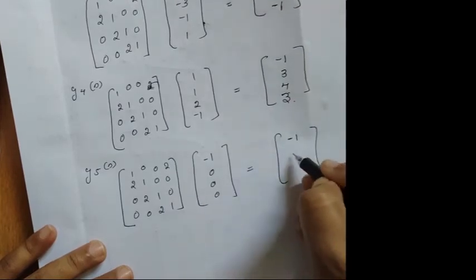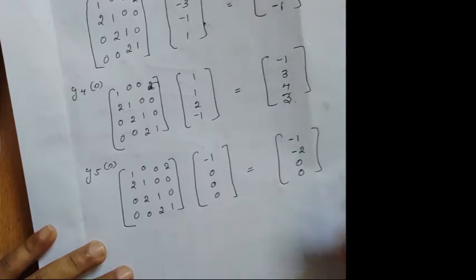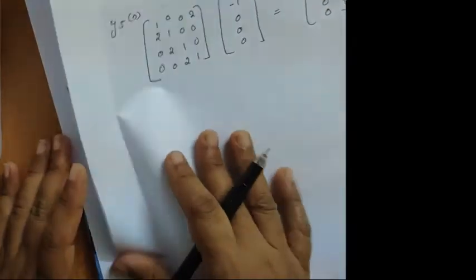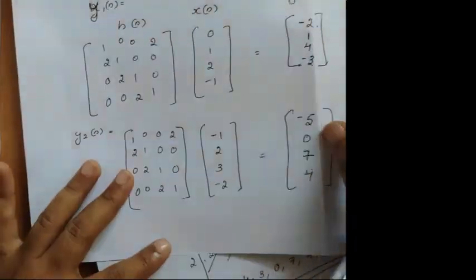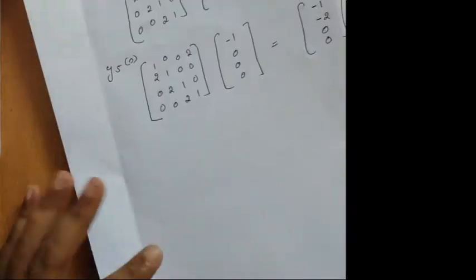We get minus 1, minus 2, 0, 0. Now in the final step you can write all the answers: minus 2, 1, 4, minus 3.